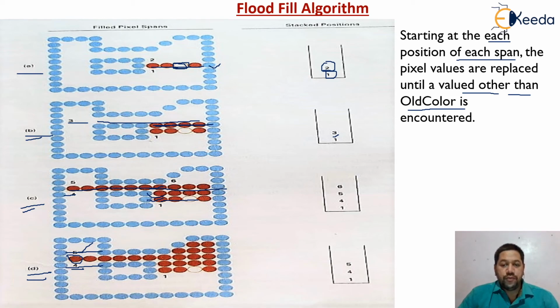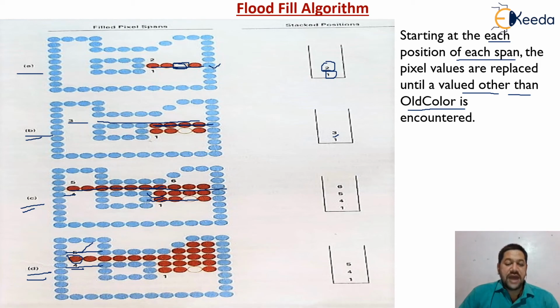So the advantage that we have considered in this particular approach is there is no need to insert all these pixels on the stack. If I just go on adding all these neighboring pixels onto the stack, my stack requirement will increase.